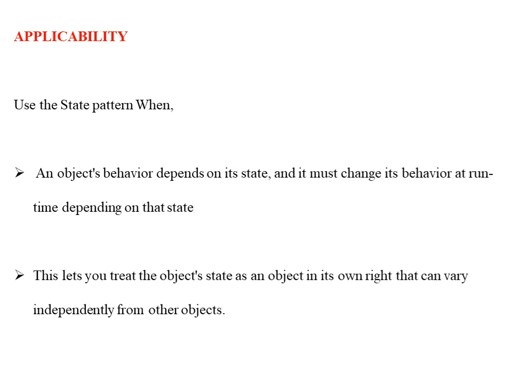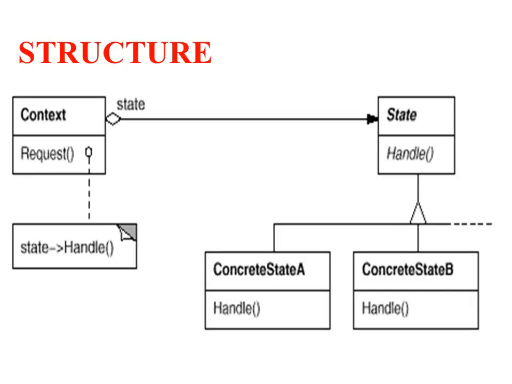Next, coming to the next template, which is structure. So this is the structure of the state pattern. In the motivation diagram, we have seen the TCP connection and TCP state. State means TCP established, listening, connection.